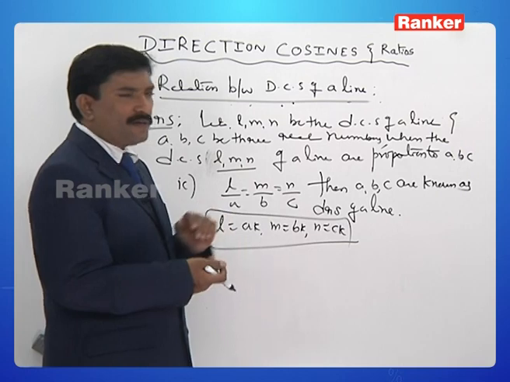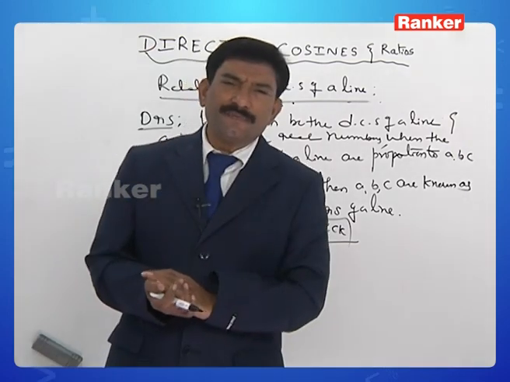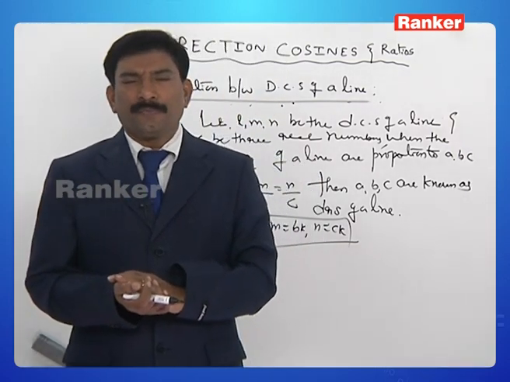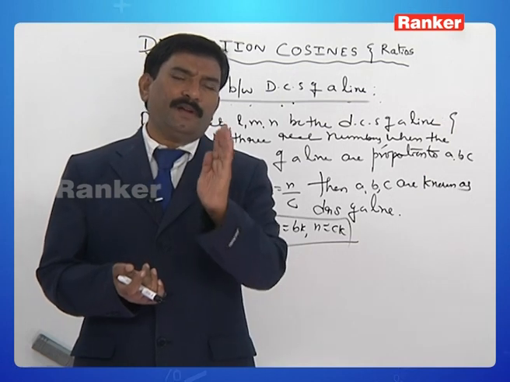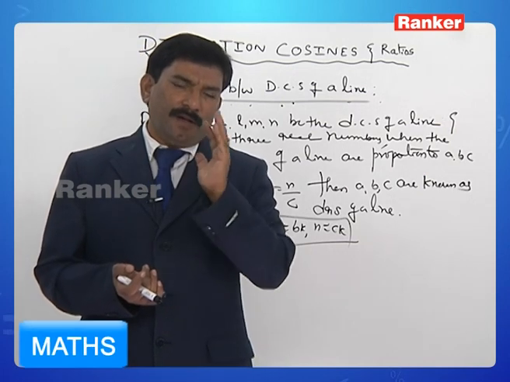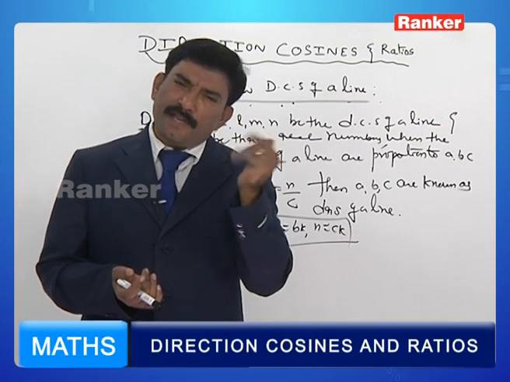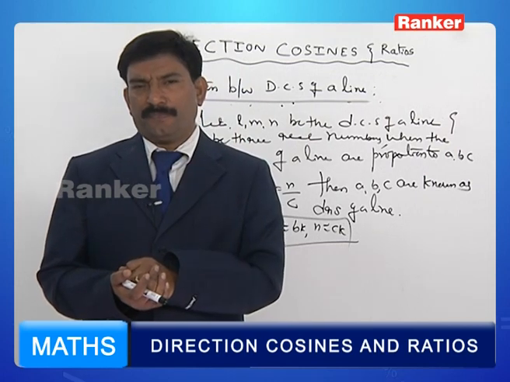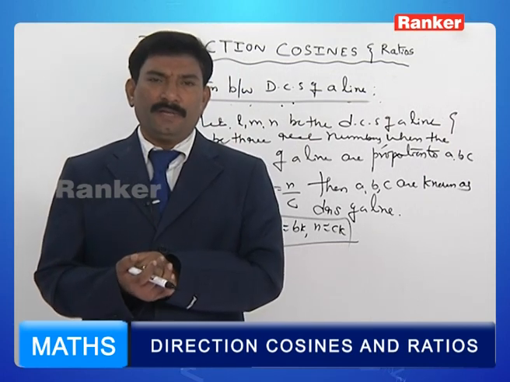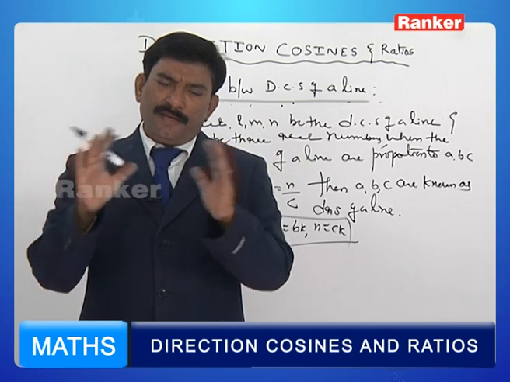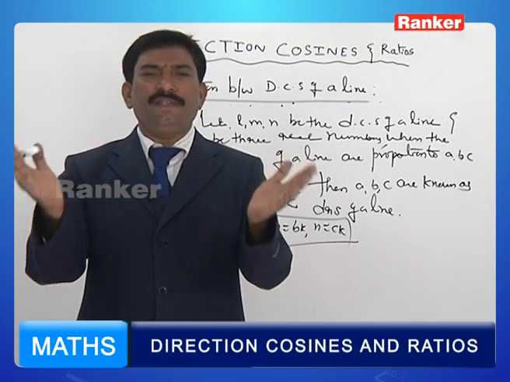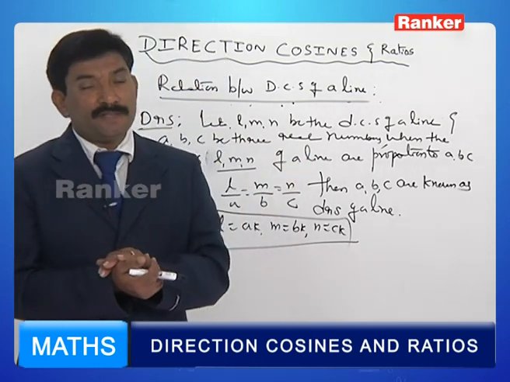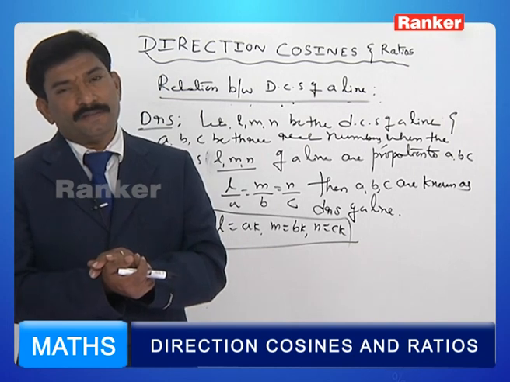With this concept, if A, B, C are the DRs of a line, then KA, KB, KC are also DRs of the same line.